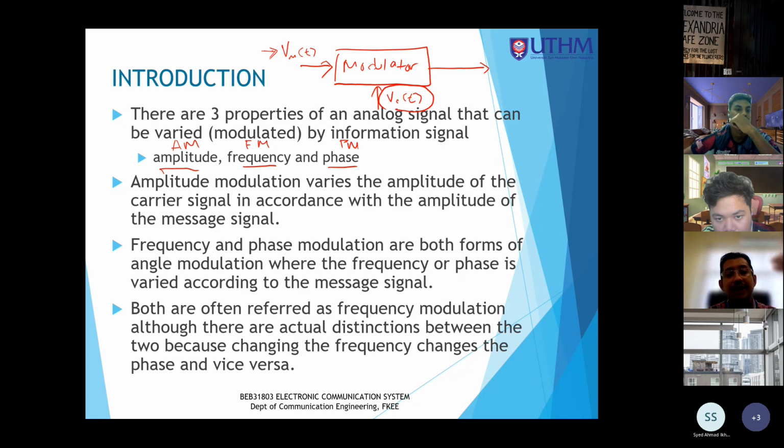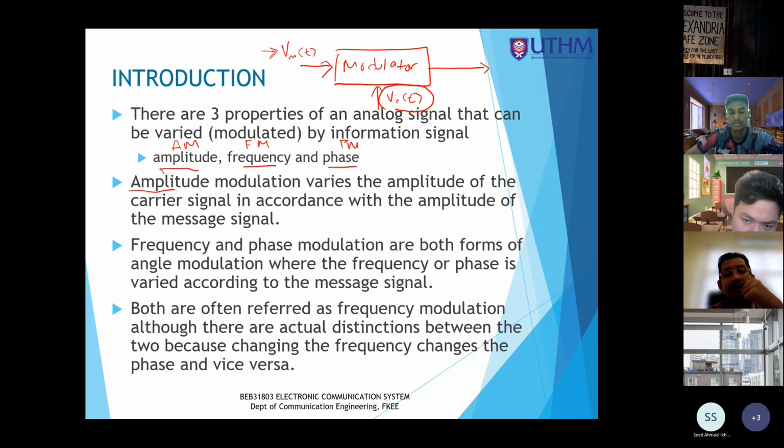So apakah itu AM? Apakah itu amplitude modulation? So amplitude modulation is the process of changing the amplitude of the carrier in accordance with the amplitude variation of the input message signal.